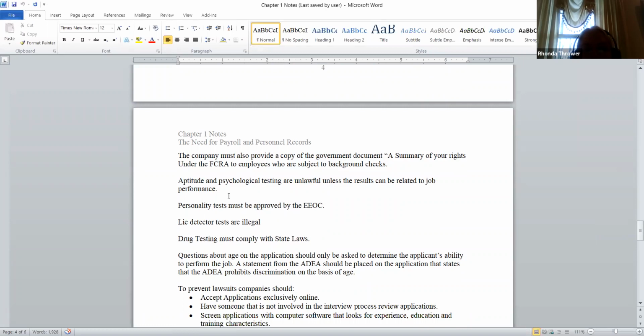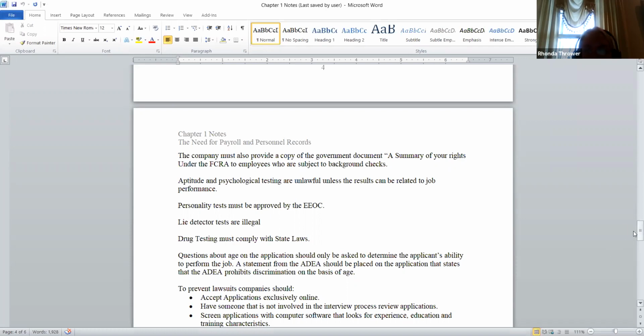All aptitude and psychological testing are unlawful unless the results can be related to job performance. Personality tests have to be approved by the Equal Employment Opportunity Commission. Lie detector tests are illegal, and drug testing must comply with state laws.